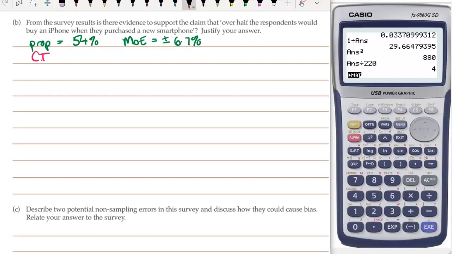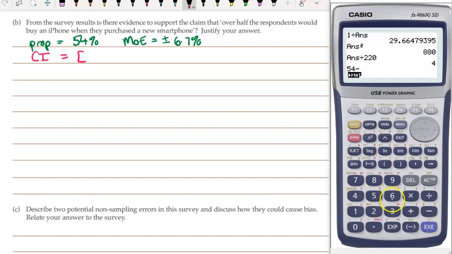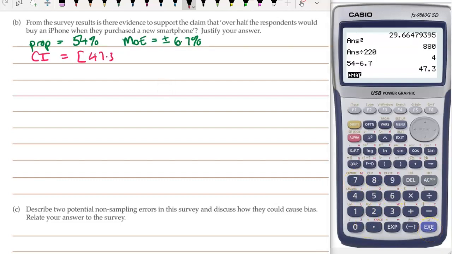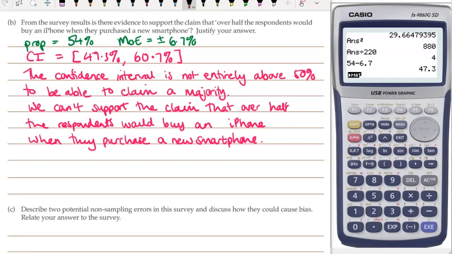So the confidence interval will be 54 minus that, so 47.3% up to 54 plus, so that would be 60.7%. Now we are looking for this claim that it would be over half the respondents. Well, we don't have an interval that's entirely above 50%, so we can't support that claim.